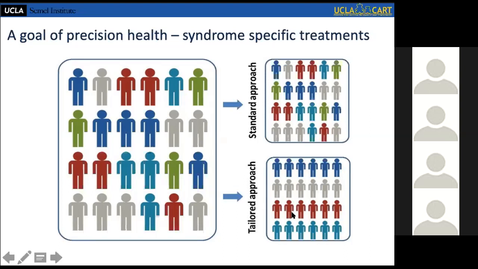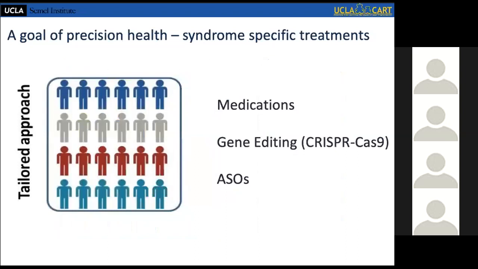Whereas if you can identify meaningful subgroups, in our case genetically identified subgroups, you might be able to think about treatments more targeted for those specific genetic etiologies. And that's what has happened in genetics. So we have the opportunity for precision therapeutics in these specific genetic conditions.